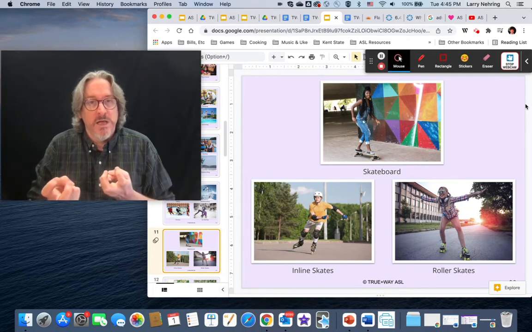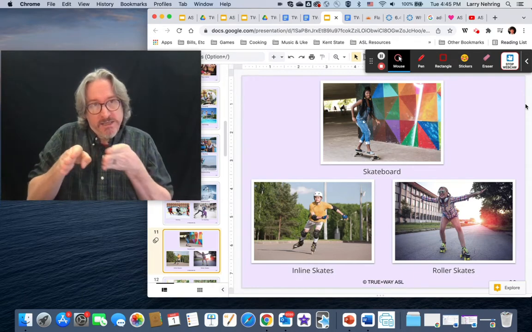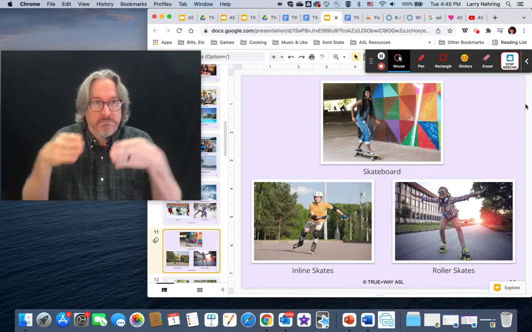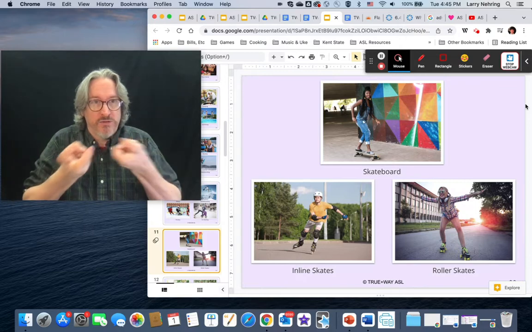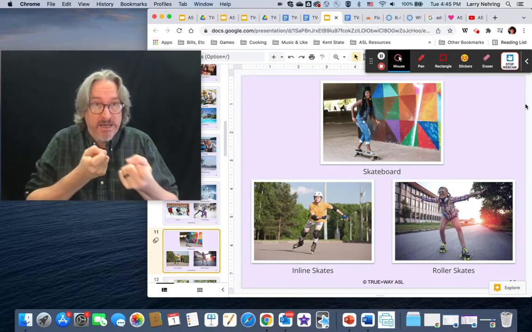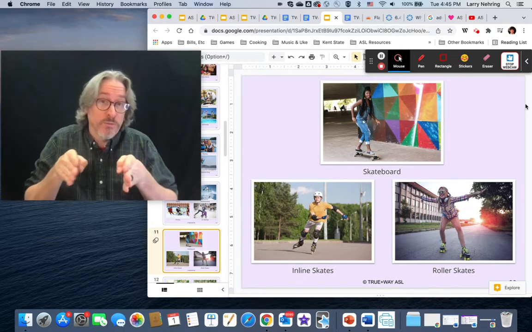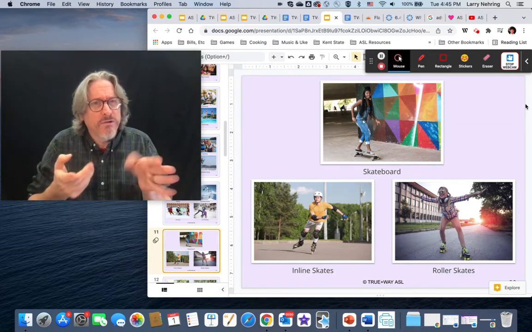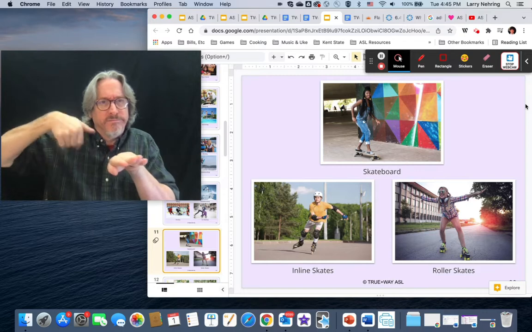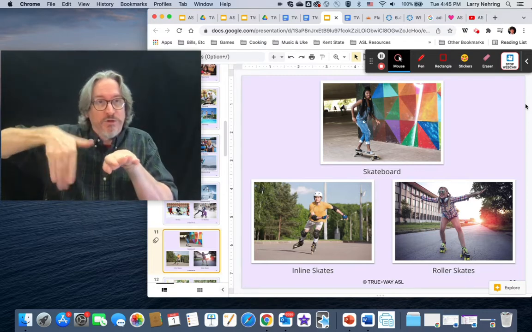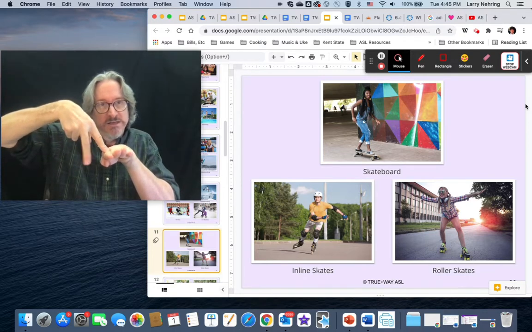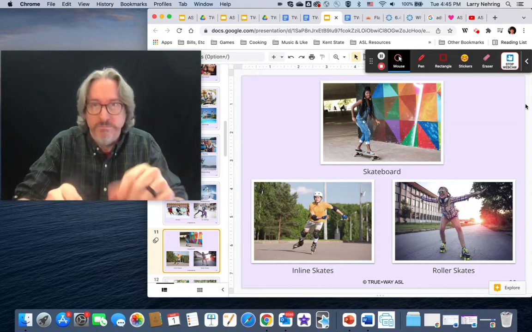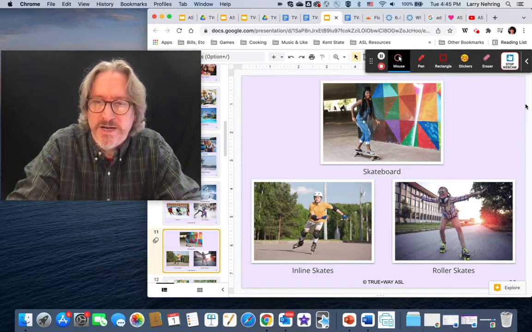Roller skating. Inline skates are like this. Okay, so roller skating, ice skating, inline skating or rollerblading, and skateboarding. Now, there are also variations of skateboard. Here's the board, here you're pushing off. And I've also seen skateboarding. So there are different variations.